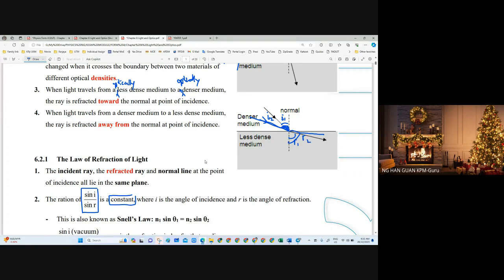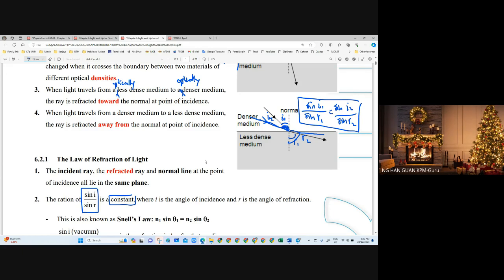For the relationship between the change of angles, we apply the law of refraction: sin I1 over sin R1 equals sin I2 over sin R2. Because it is always a constant value, even when the cases change it will still be equal.